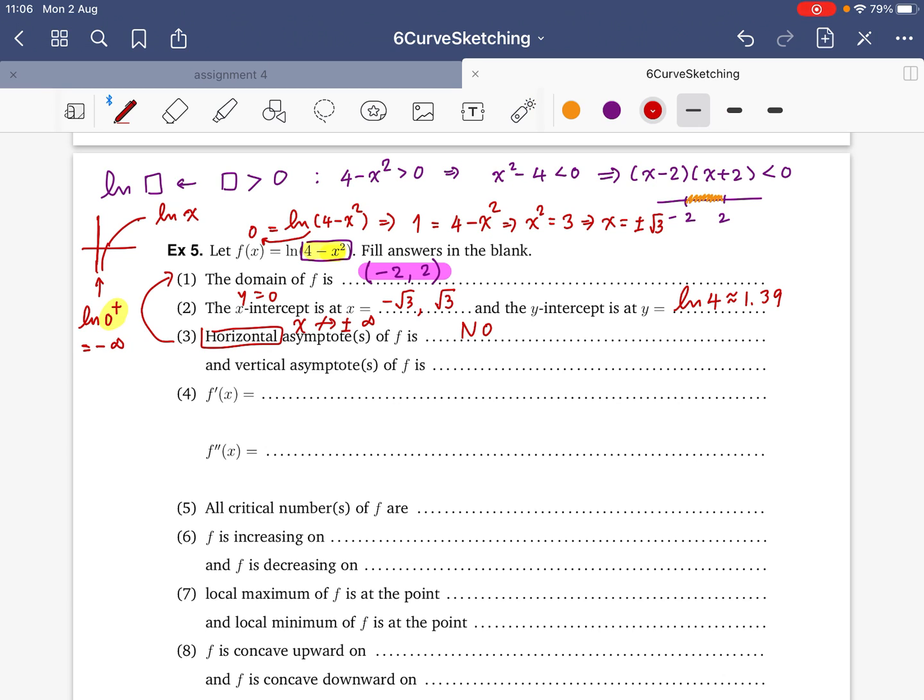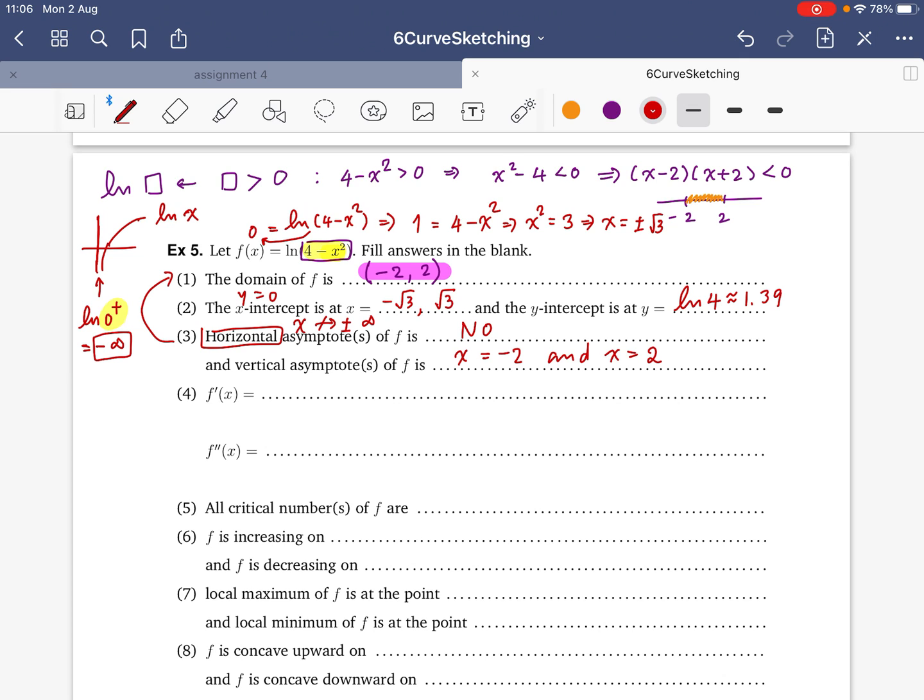So for the vertical asymptotes, it can be x equals -2 and x equals 2. If you really take a look, either way it will go to negative infinity, because it becomes roughly speaking log of 0, which goes to negative infinity.